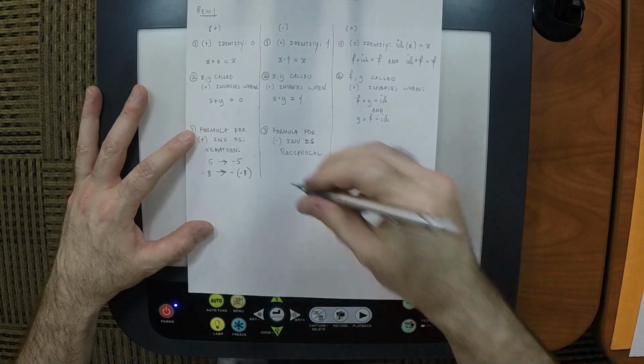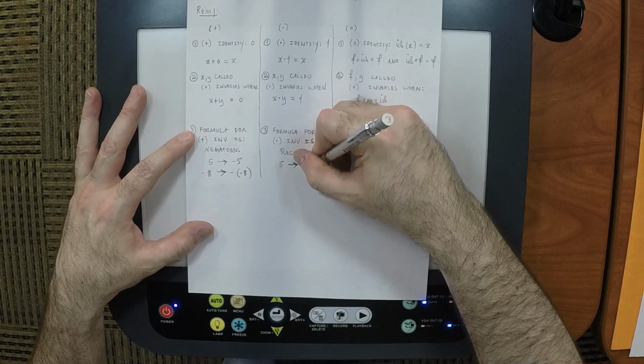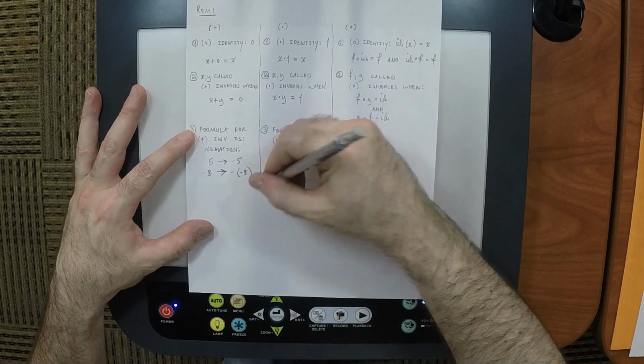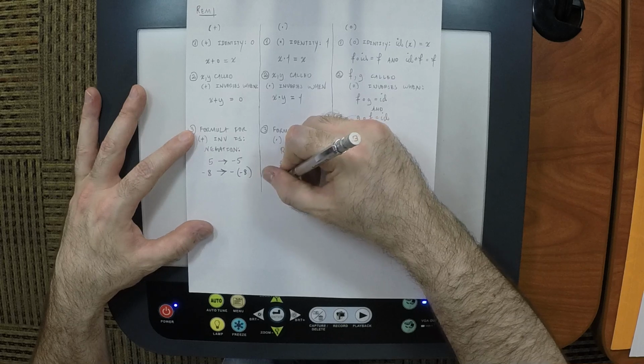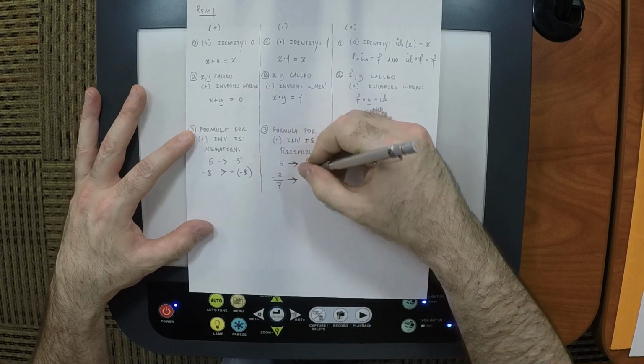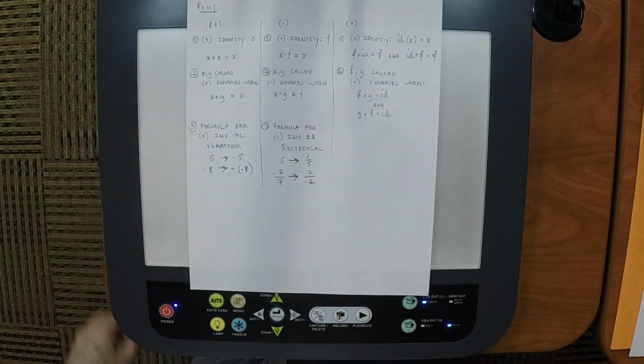For reciprocal, something like 5 to 1/5, or negative 2 over 7 to 7 over negative 2. That's the formula.